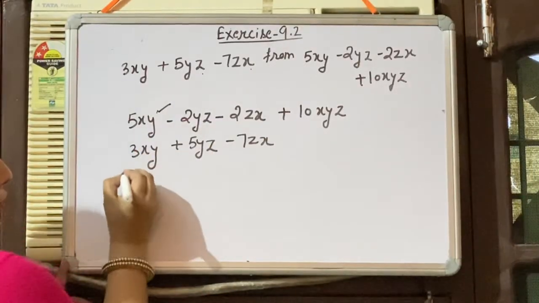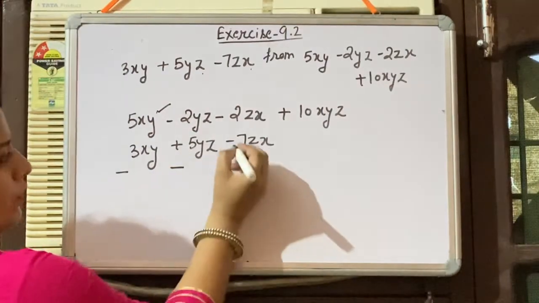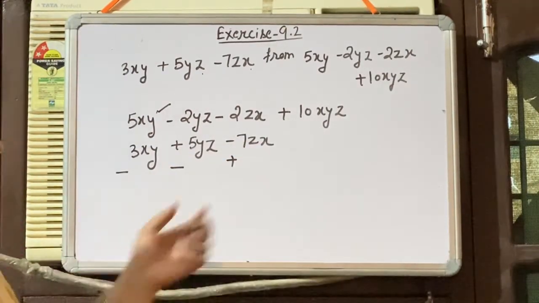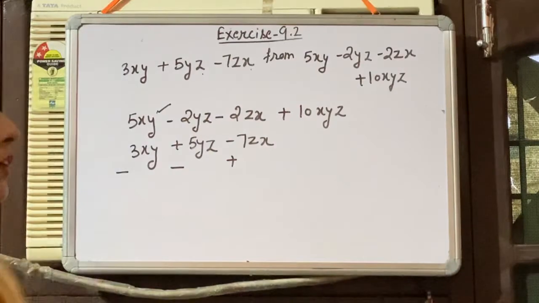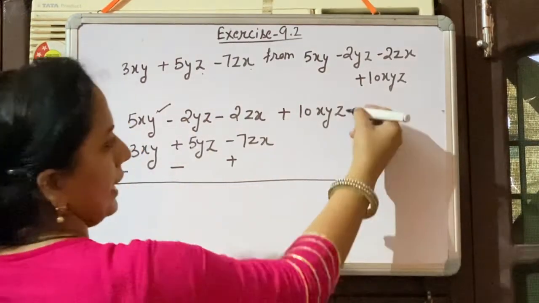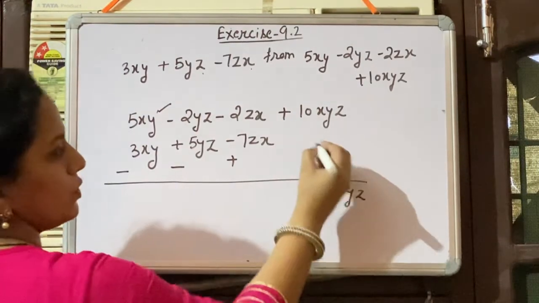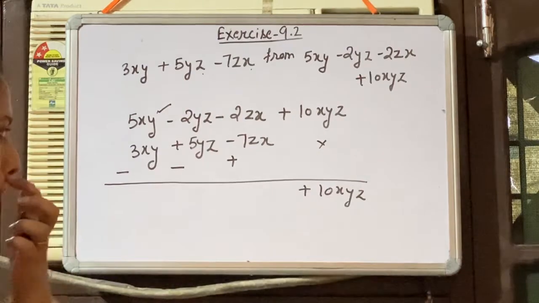So this is positive form, here we will write negative. Positive, negative. Negative, positive. There is no term below 10xyz, so we will not change the sign here. We will write it as it is in our final answer, because there is no other term.